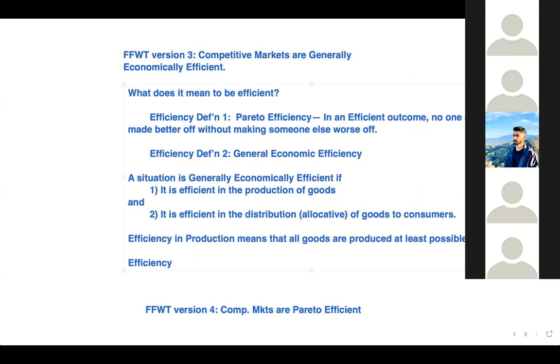Allocation means assigning the goods to consumers, like who's going to get it. And so efficiency in distribution means that each good is assigned to the consumer that values it the most.